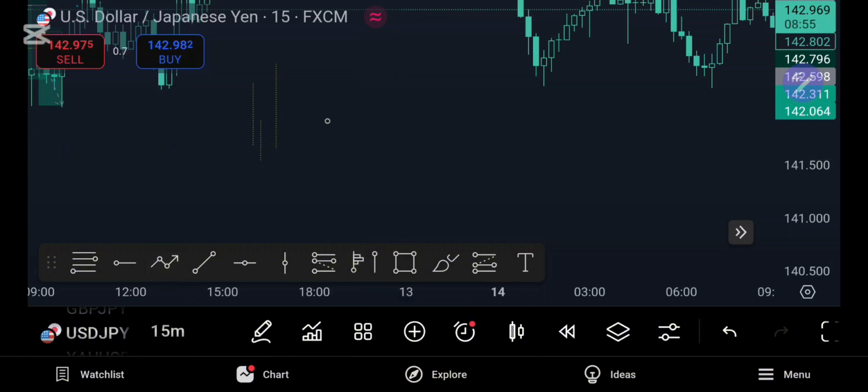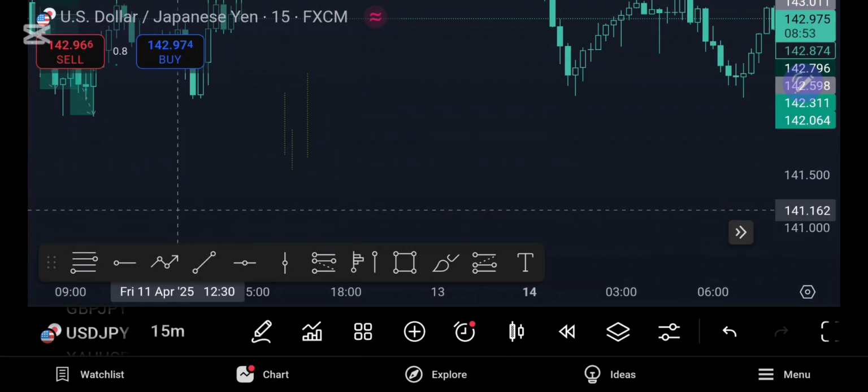Now, I'm going to start by showing us what a swing is. Then what is a swing? Let's start by definition. A swing in common English is movement, or swinging is the movement of an object from a particular point to another point. That is called swinging, right?